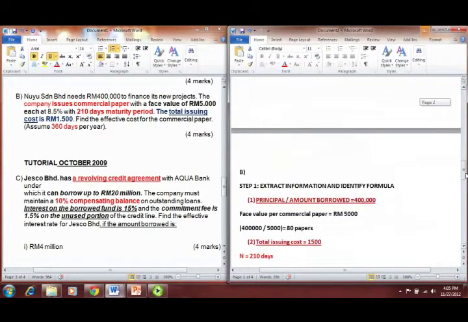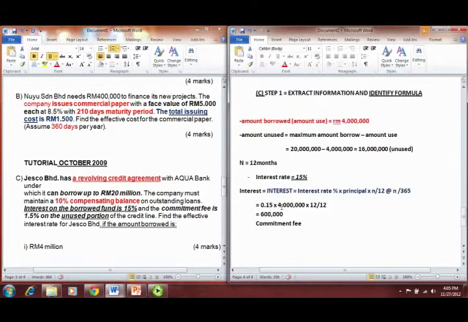So make sure all this information is in your step 1. Now you have your amount borrow, correct? This is your amount borrow, and you have your amount of interest.